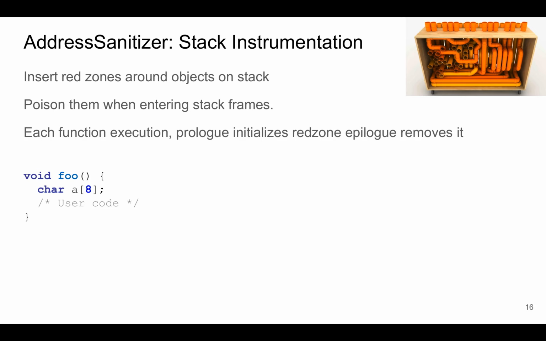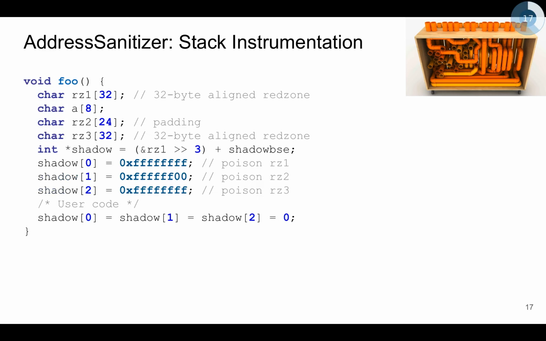So if you have this function with a char 8-byte array and then user code, address sanitizer would add a red zone before the object and 2 red zones after the object. First, we would pad to 32 bytes, and then we would add another full 32-byte padding. You see the calculation of the shadow address, and then we would insert static instrumentation to just taint these bytes.